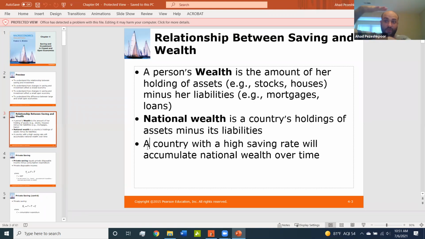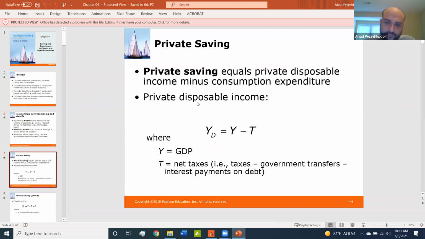India's consumption is very high, depending on their own government, compared to China, and investment very low compared to China. Therefore, in the last 10 years, India didn't have the same increase in wealth and accumulation of wealth as China. High saving rate, more national wealth over time.